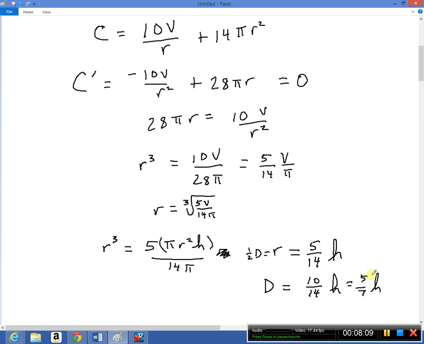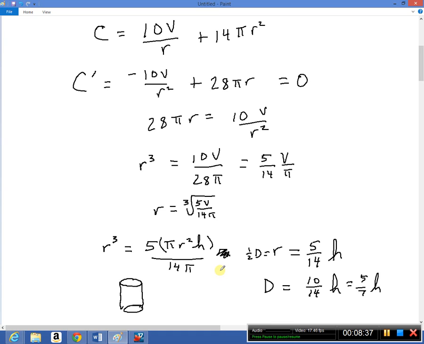So the diameter is smaller than the height. The diameter will be only 5/7 of the height, and that makes the can get taller, which is more normal. And that corresponds to what you see mostly with cans. You see very few cans that are squat, short and fat.